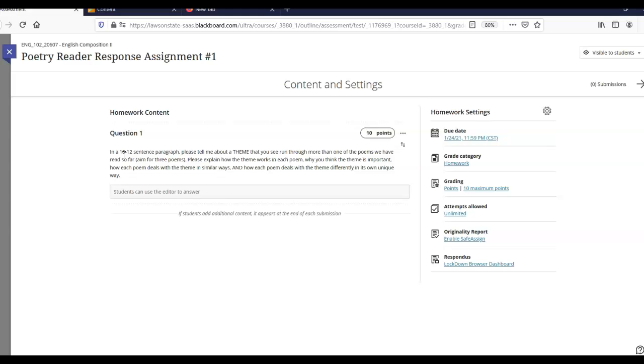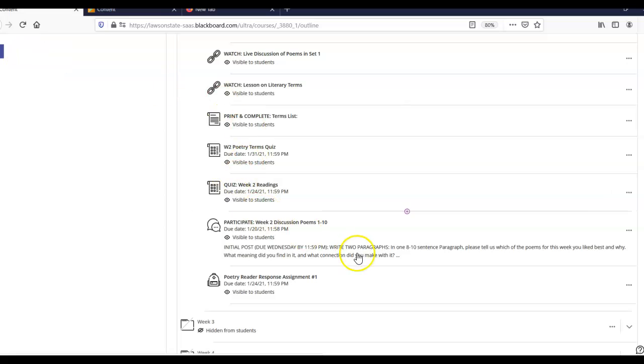I've listed a bunch. You think of some themes. That's what I'd like you to do, is read those poems and think about those themes and think about a theme that goes through those poems.